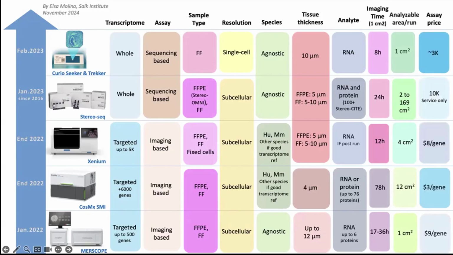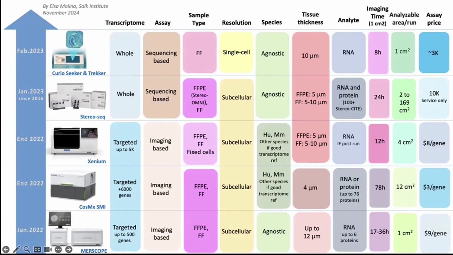And finally, the price. Again, it depends how many genes you are running, the number of samples, and the area of your tissue. But I've tried to make an average and to estimate the price. So for Curio Seeker and Trekker, it's approximately 3K.